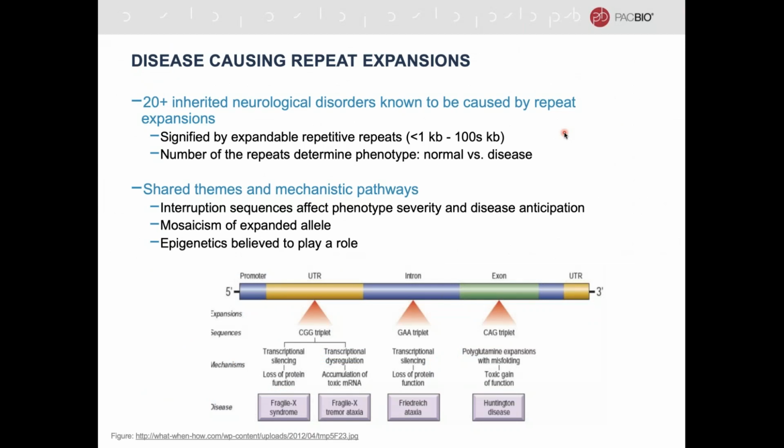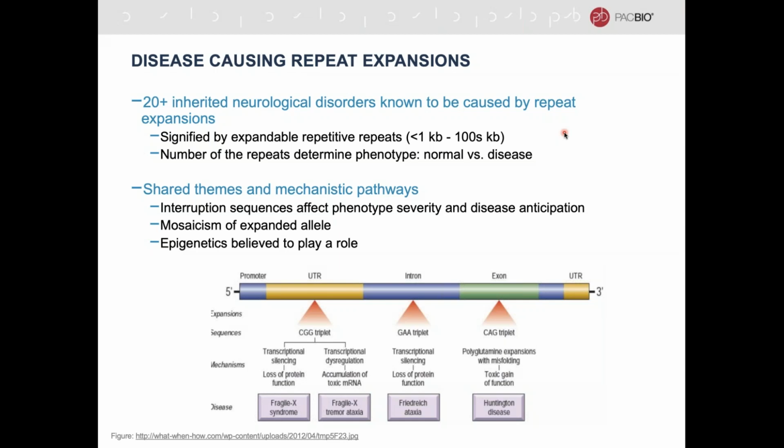And there are over 20 such disorders that are known, and these are all signified by having expandable repetitive units, and they can reach from below a kb and for some even hundreds of kbs. And the way this works is if it expands beyond a certain threshold, it actually causes the disease.